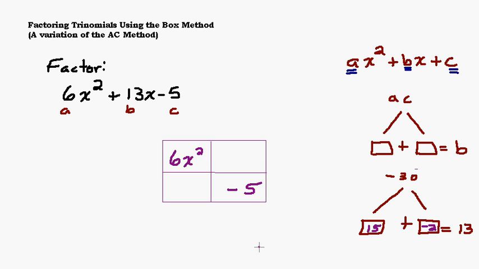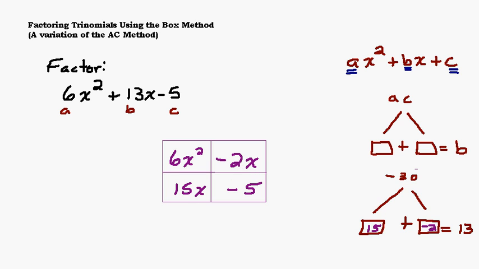And you need those signs. If it's a minus 5, you have to have that negative 5. Then I'm going to put the 15 and the negative 2 in these two places. I'm going to put the negative 2x here and the positive 15x here. You have to remember to put these x's, because what you're really doing is breaking up this 13x term into 15x minus 2x.